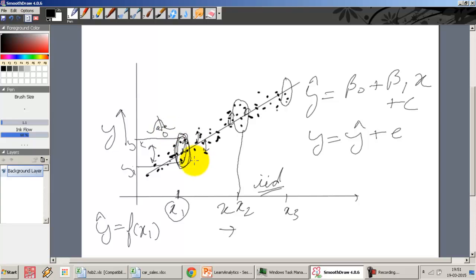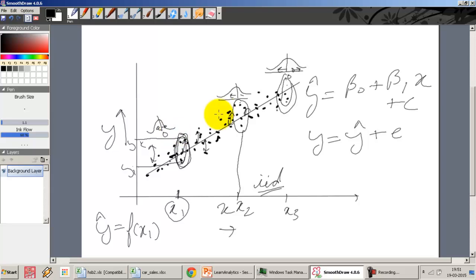Now if I look at the distribution of errors around here, also around the mean, they will also be normally distributed around a mean of 0, because positive and negative errors will cancel out each other, and they will have a standard deviation. And if I look at the errors over here as well, they will be normally distributed around a mean of 0, and positive errors will cancel out the negative errors.